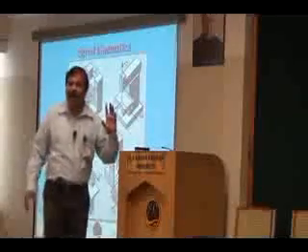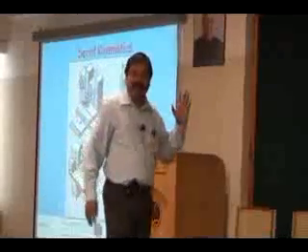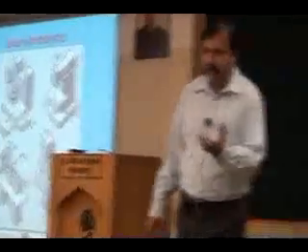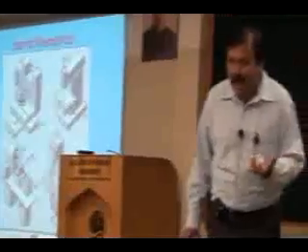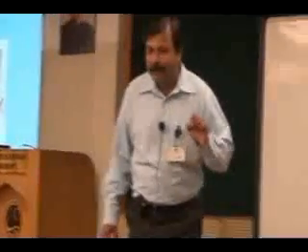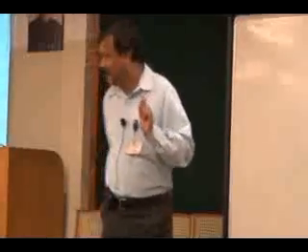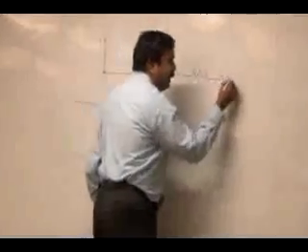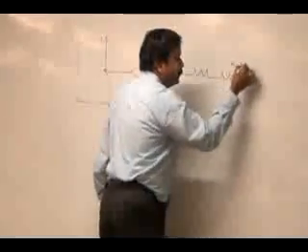This method I call serial kinematics because if you see, the x-axis is sitting on top of the z-axis. The x-axis is sitting on top of the z-axis. So at the end of the z-axis, you have the x-axis.